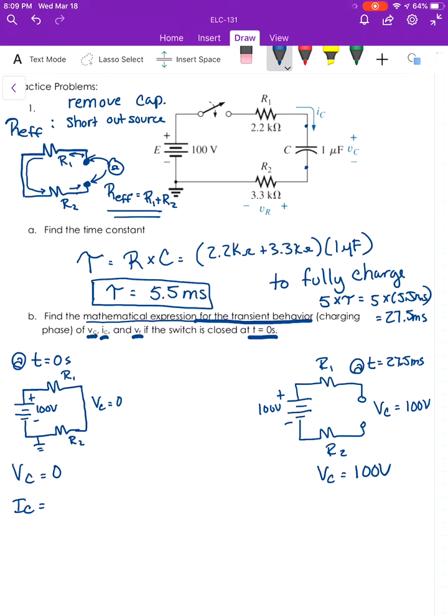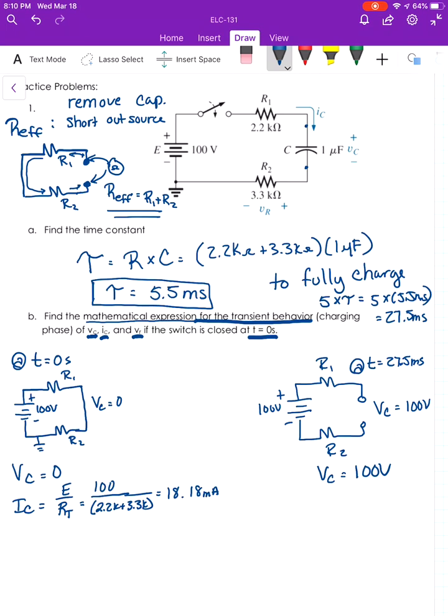So the current at this point is going to be E over RT for the circuit. And this is just a series circuit with R1 plus R2 as our total resistance, 2.2K plus 3.3K. So there we're looking at 18.18 milliamps of current to start with.